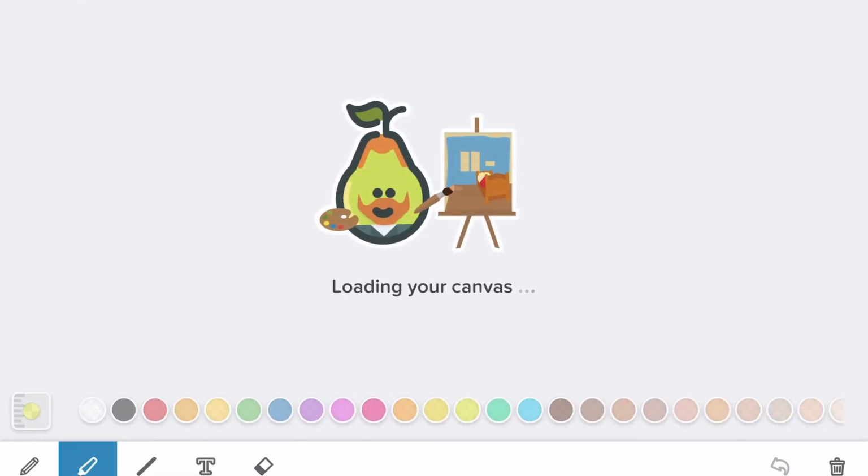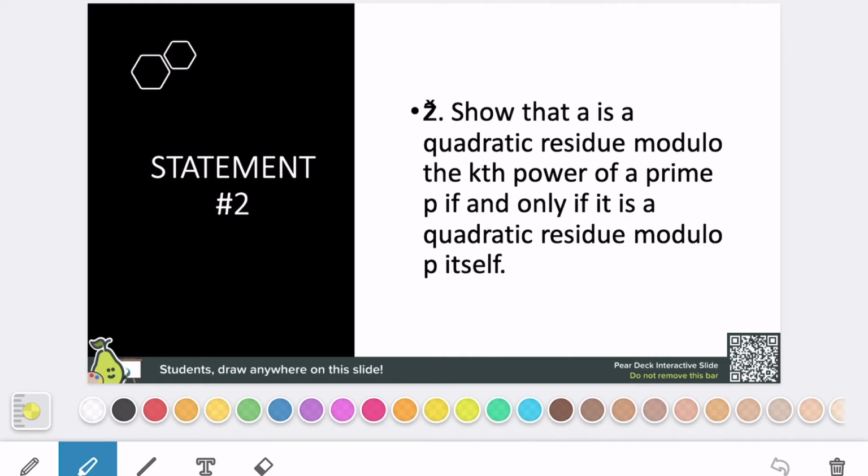Okay. So now we are going to move on to statement number 2, which is to show that A is a quadratic residue modulo the kth power of a prime P if and only if it is a quadratic residue modulo P itself.